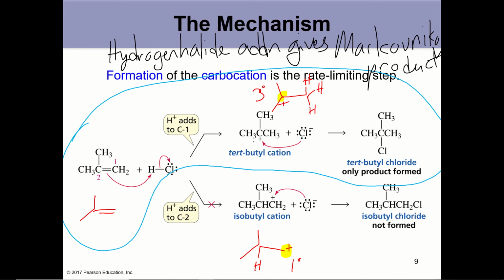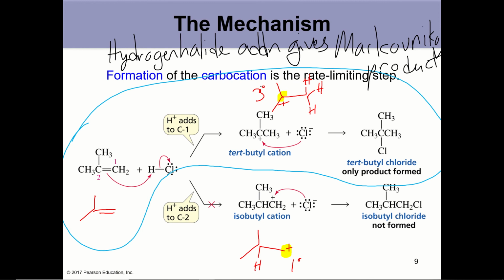Remember, because we've just said how the tert-butyl cation is more stable than the primary cation, we know that we don't use this bottom arrow, and they show that with an X. It does not occur. So then our tertiary cation that we formed is now an electrophile, and that reacts with our negative chloride ion. So we have a chloride lone pair going in an arrow to the positively charged carbon. And that gives us our final product of the tert-butyl chloride.